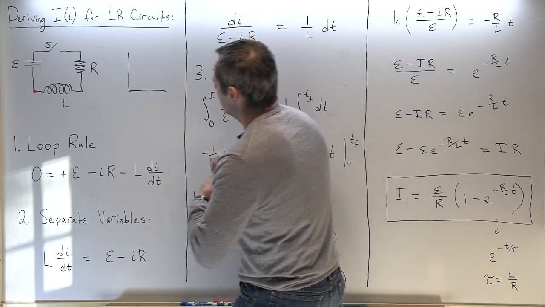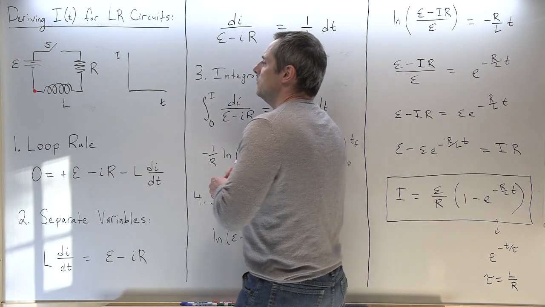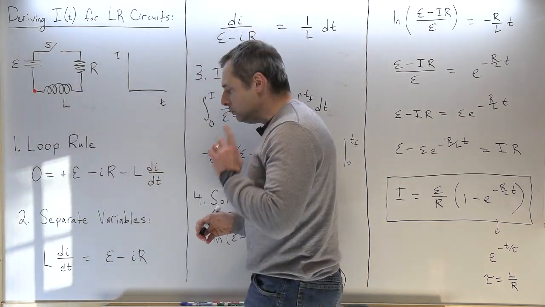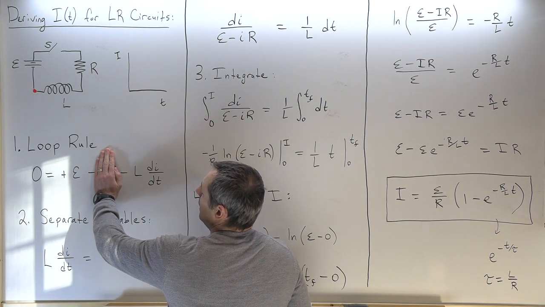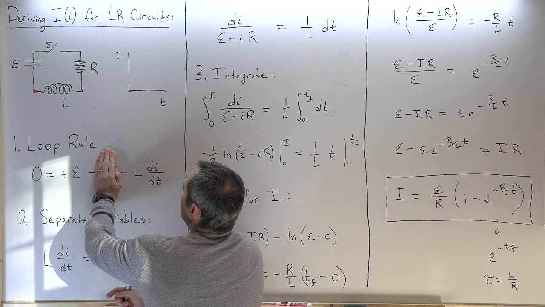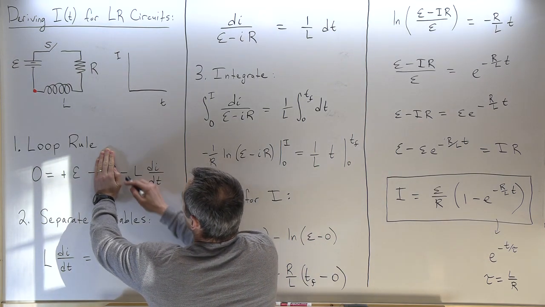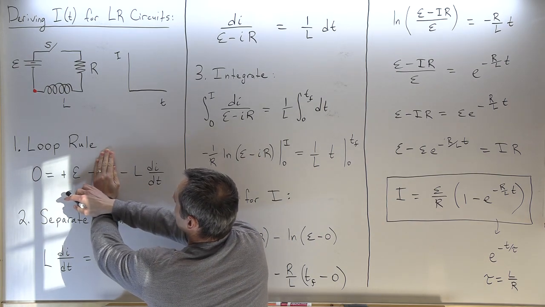So let's suppose I as a function of time. When this switch flips down, we know the current was 0 in the beginning. In other words, this term doesn't exist. And so what we could see, if this is to be equal to 0, is that this term has to balance out this term so they add to 0.